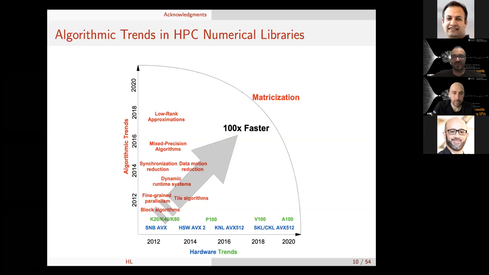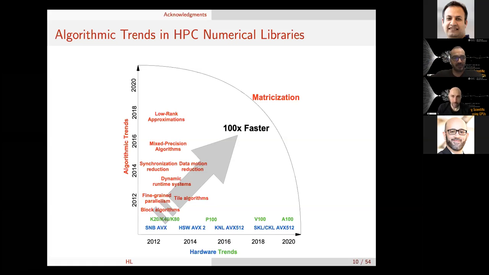But when we dropped the precision to single, we lost some accuracy. By performing fine-grained computation and cherry-picking which tiles in my matrix need lower precision, we were still able to maintain the accuracy at the end.